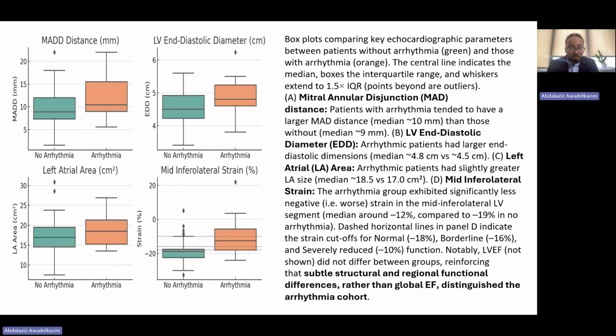The most important finding was the difference in the average MAD distance, which you can see here: people who had arrhythmia had a MAD distance of 10, whereas people who did not had on average a MAD distance of 8. The same was true for regional strain in the mid inferolateral segment, where there was a significant difference between the two groups.